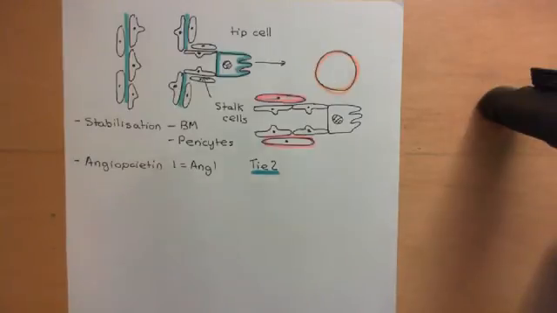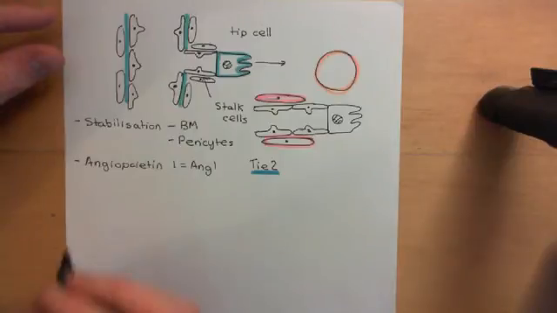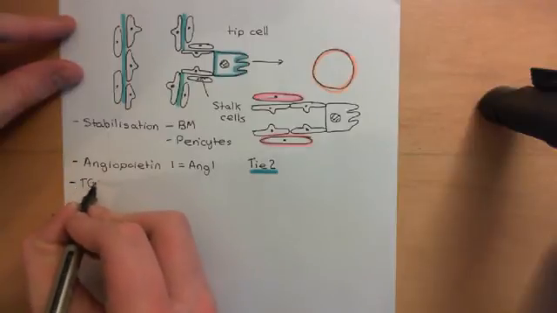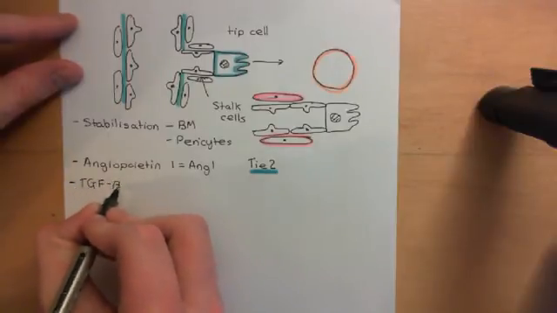Okay, what signalling molecule is known to be extremely important in the production of the basement membrane? Well, again, the basement membrane seems to be produced by the endothelial cells themselves, so whatever this ligand is, it needs to be acting on the endothelial cells. The ligand that's thought to be extremely important in activating endothelial cells to produce the basement membrane is transforming growth factor beta, or TGF-beta for short.